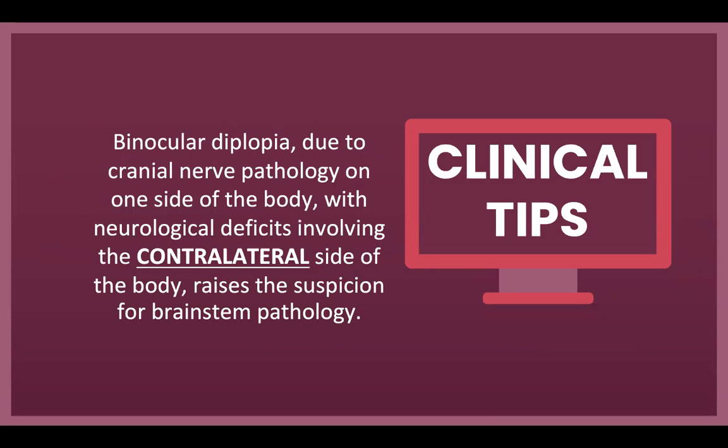The decussation of the motor and the sensory nerves is done in the medulla oblongata, and the nuclei of the cranial nerves associated with ophthalmoplegia or movement of the globe are higher than this area. So the affection of the cranial nerves will be on one side, and the affection of the other side of the body will be on the contralateral side. So it is a suspicion of brainstem pathology.